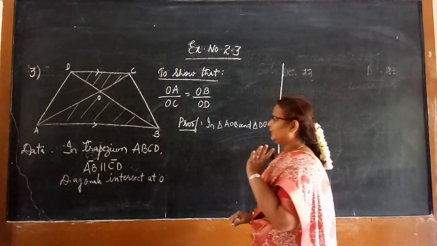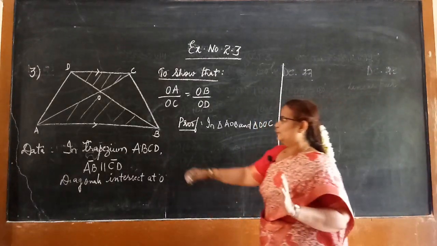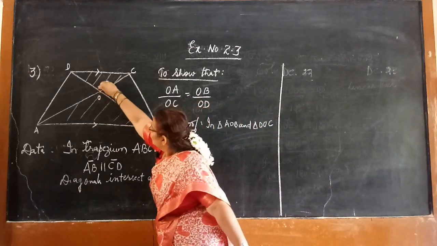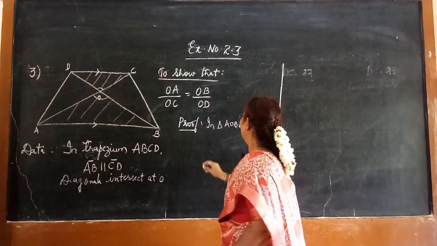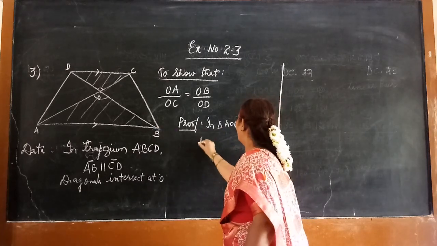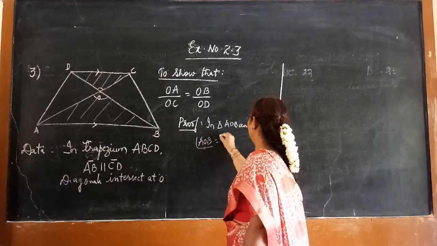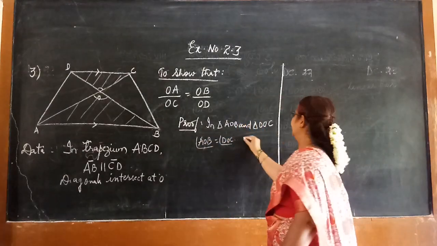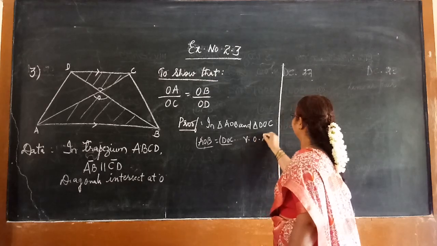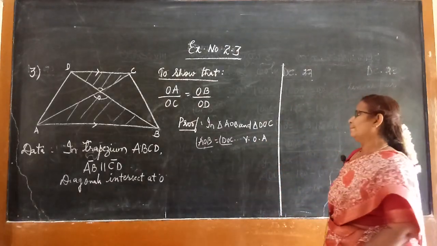Immediately, first and foremost, I can identify vertically opposite angles. It's very easy to identify. Vertically opposite angles are equal. I have taken AOB. Let us consider the angles in triangle AOB. Angle AOB is equal to angle DOC. The reason is vertically opposite angles.